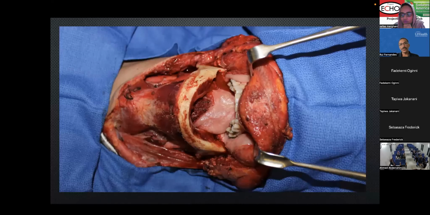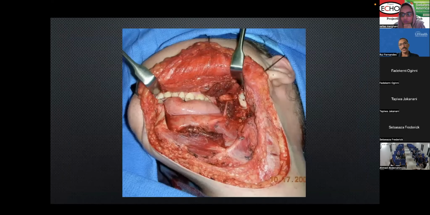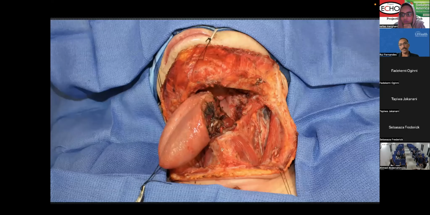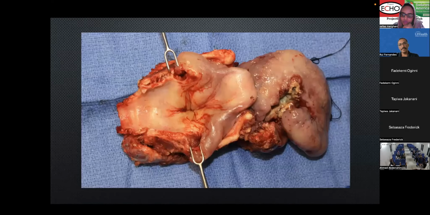You can also deliver the tongue into the neck, as you can see here, and then carry out the resection without splitting the lip and without doing a mandibulotomy. So all of these combinations are largely dependent on the location of the disease, as well as the extent of the disease.